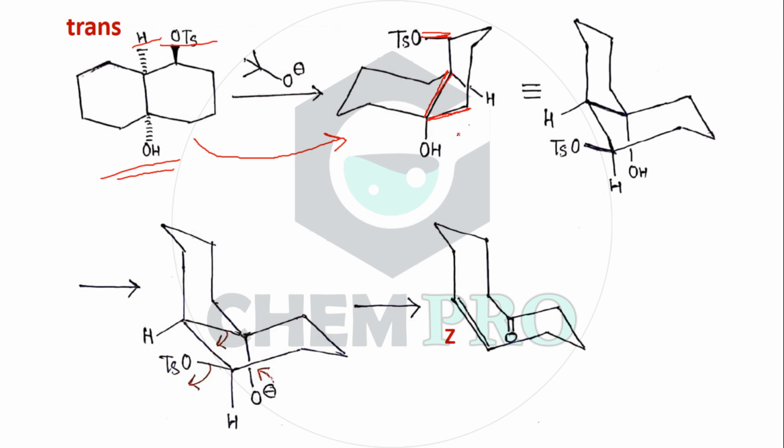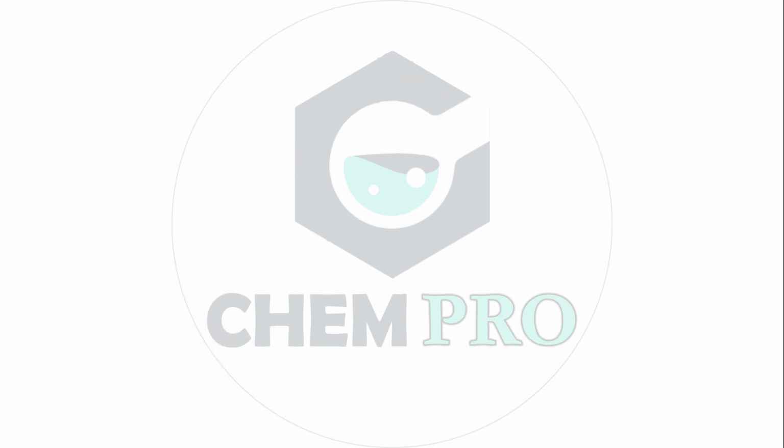So we have to convert this chair conformation into the other chair conformation, and then we find that this C-C bond and this C-X bond are anti-periplanar to each other, and after the simultaneous mechanism we get this Z-alkene. Okay, so now we can have the trick.